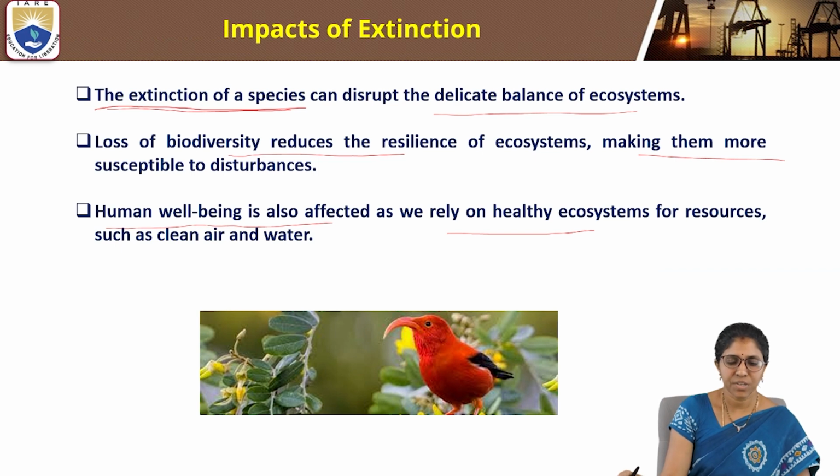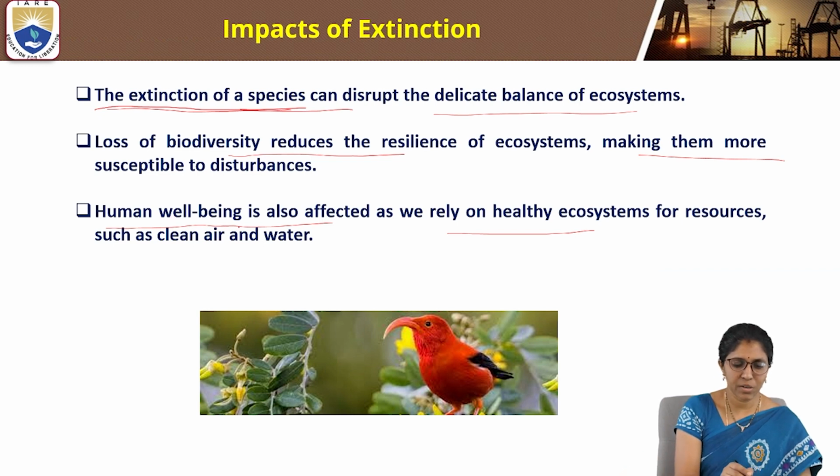So the extinction of a species can disrupt the delicate balance of ecosystems. Loss of biodiversity is also taking place, and this reduces the resilience of ecosystems, making them more susceptible to disturbances.